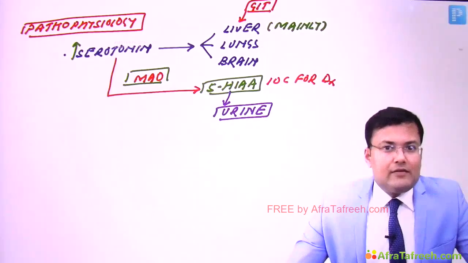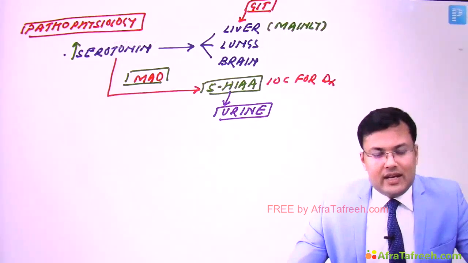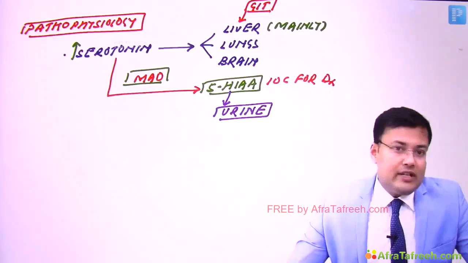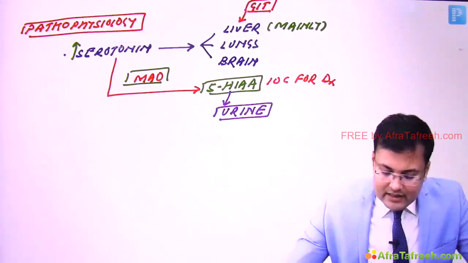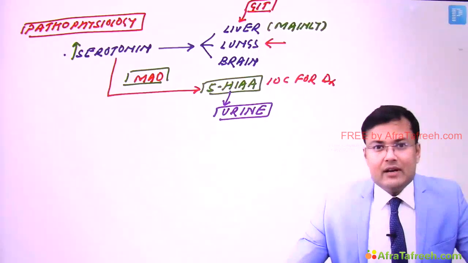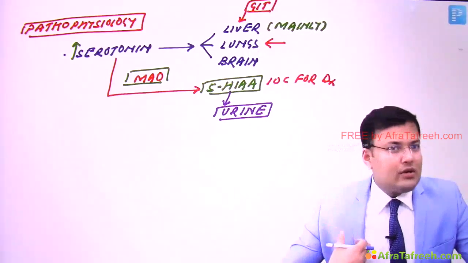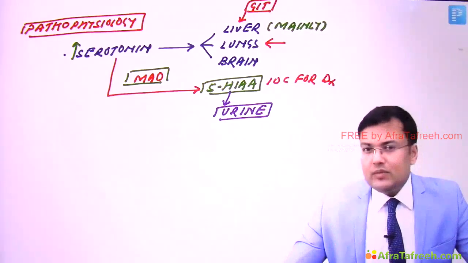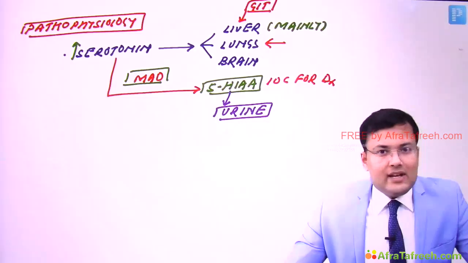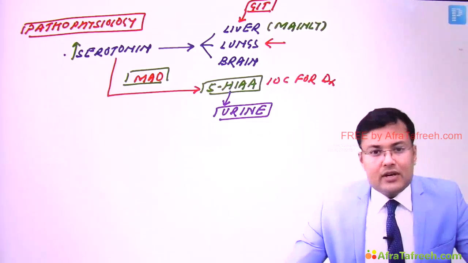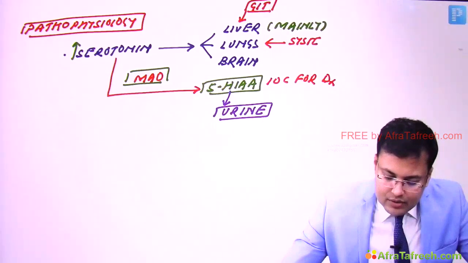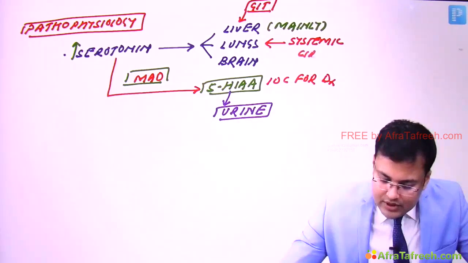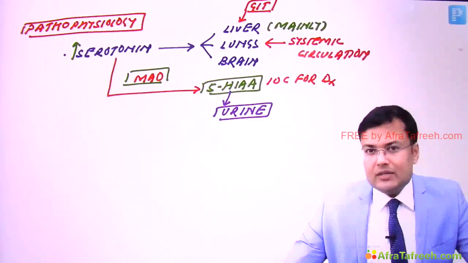The capacity of monoamine oxidase is exceeded by the production of serotonin, so these patients will have carcinoid syndrome. You know that from the systemic circulation, blood goes into the right atrium, then right ventricle, and then into the pulmonary circulation, where in pulmonary capillaries there is catabolism of serotonin.